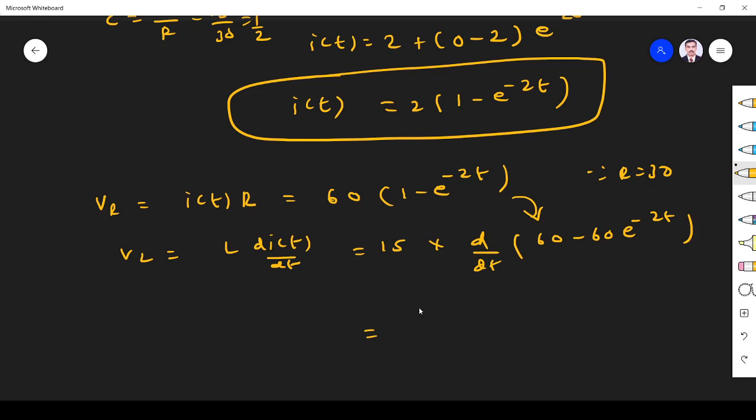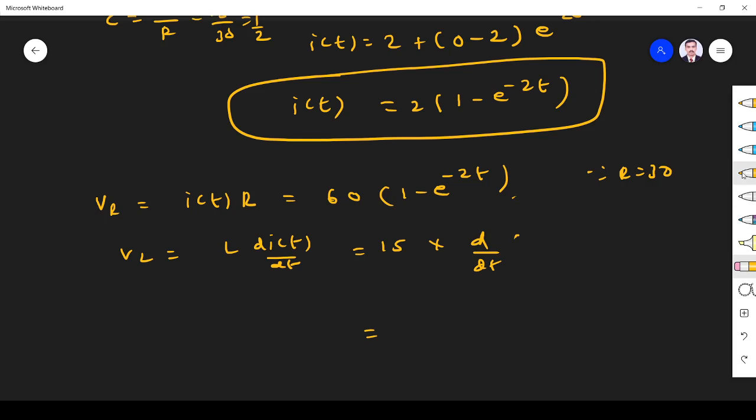When I differentiate, I of t is 2 into 1 minus e power minus 2t. Please change it: this is VL, not IL.